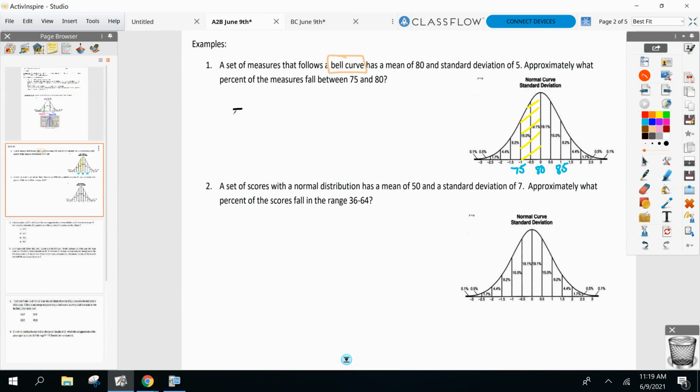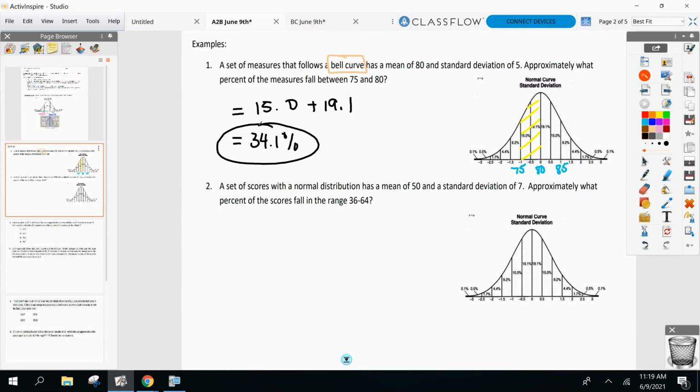So using my curve, 15.0% plus 19.1%. How many scores between 75 and 80? Add them up. 34.1% of the scores are between 75 and 80, just by using this bell curve.